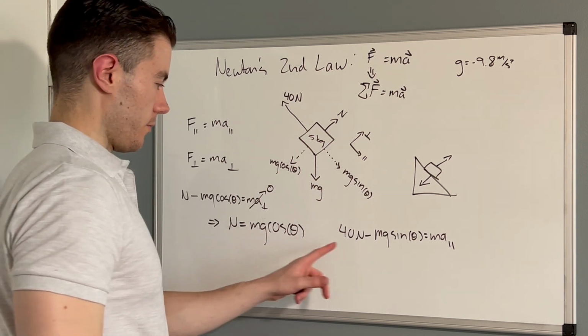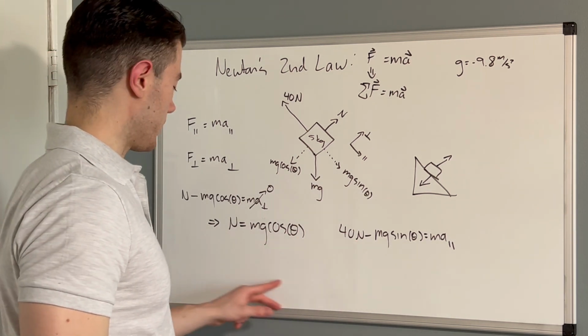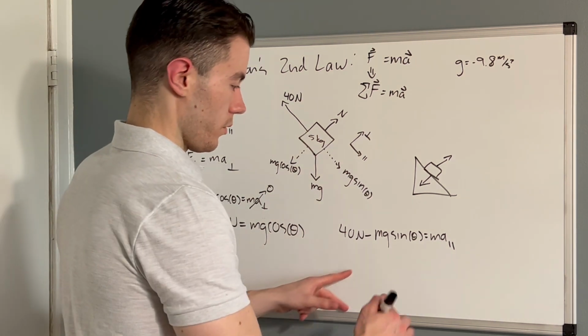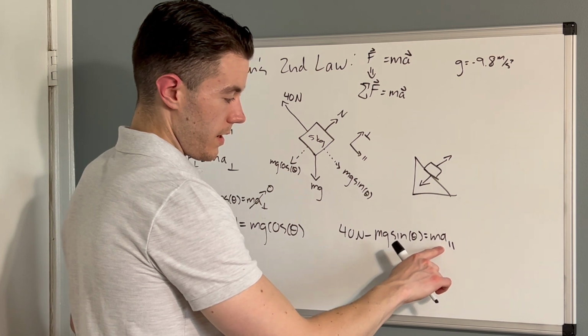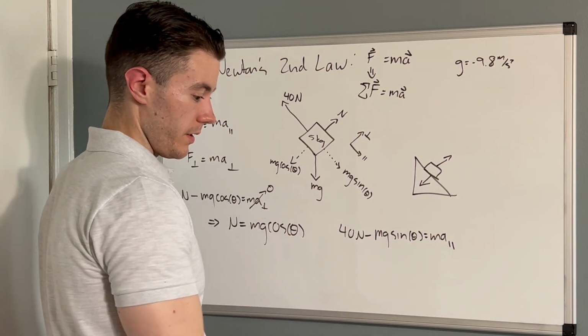Don't confuse this N with this N. This N is a unit of newtons. That's the unit of force. And this N is a force, the normal force. We're solving for a parallel, which is the acceleration up the incline.